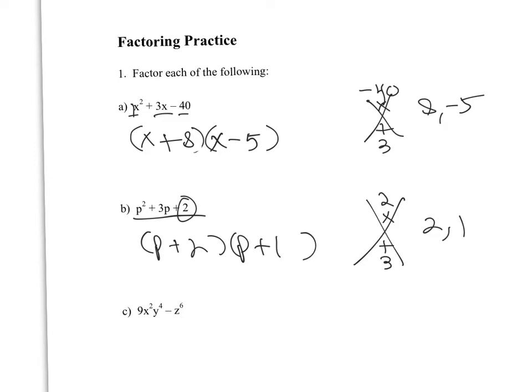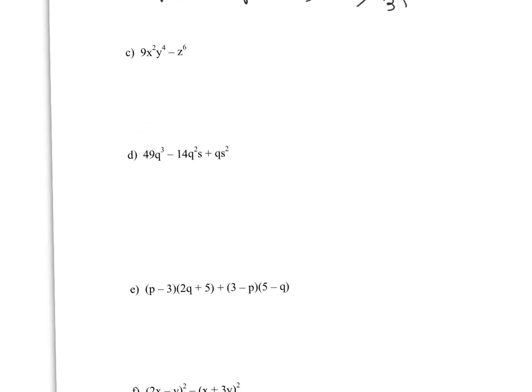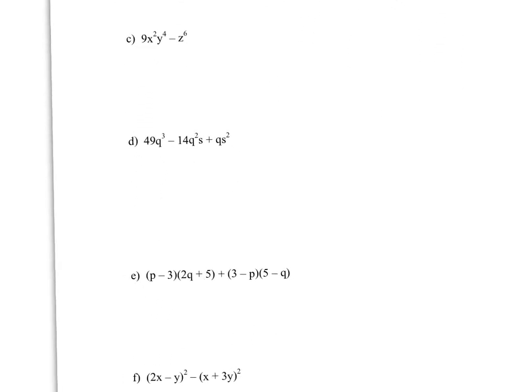Okay, let's take a look at this next problem here. All right, so now we have something a little more complicated looking, and in fact, in this case, we have two terms, and we have a difference, and they're both perfect squares. And again, we can tell because the 9 is a perfect square, the exponents for x and y are even, and the exponent for z is also even.